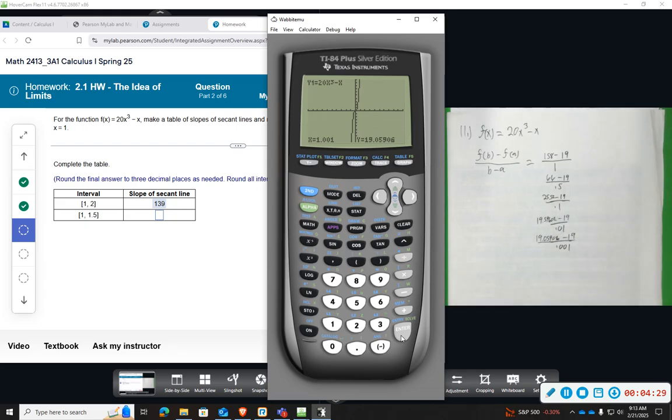Okay. So now we can compute all of these values. So we do 66 minus 19, that's 47, and divide by 0.5.